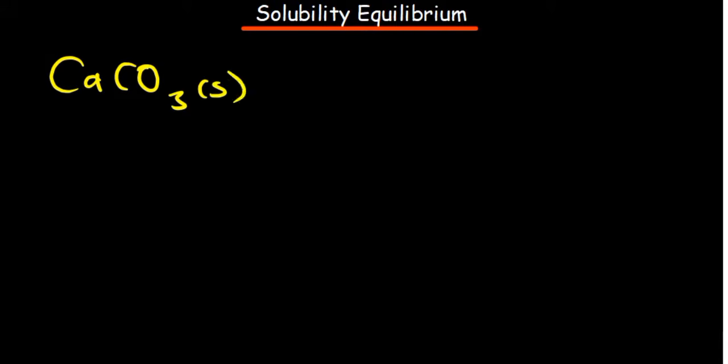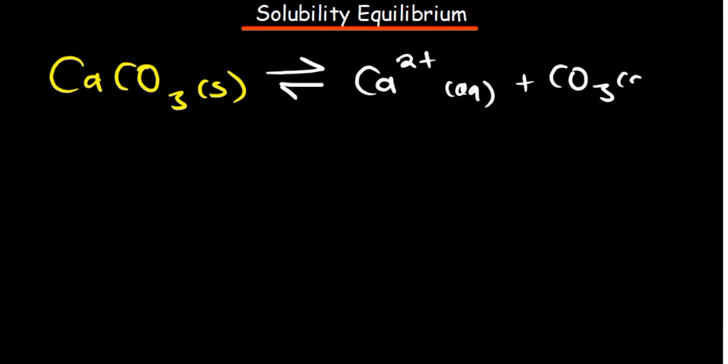When you dissolve this in water, you expect production of the ions: calcium 2 plus in aqueous state, and carbonate 2 minus, also in aqueous state.